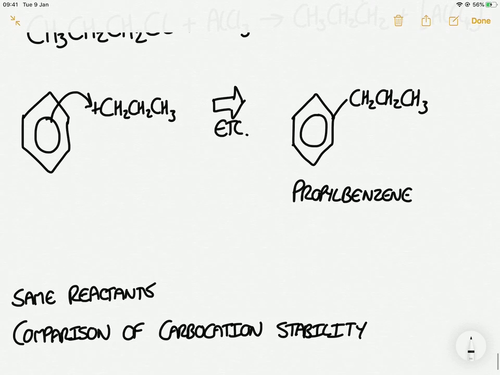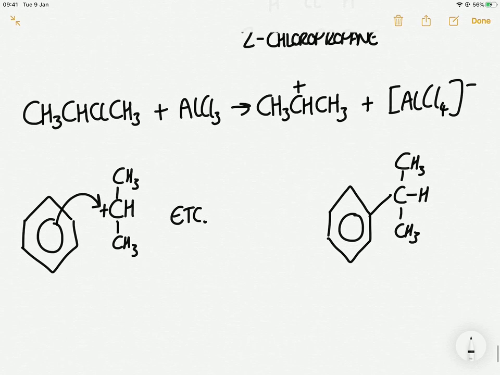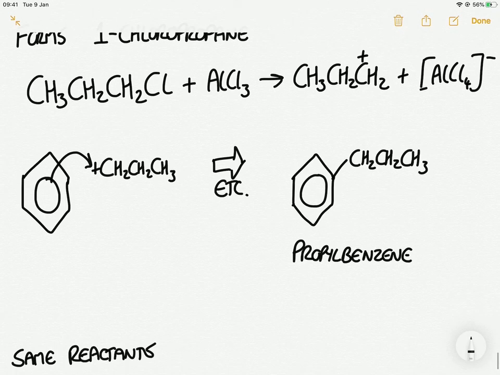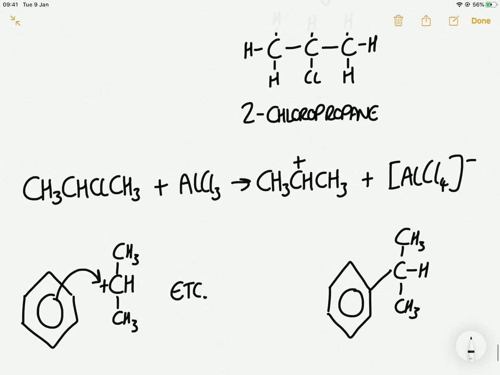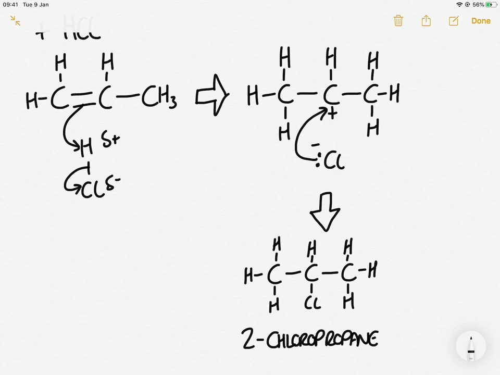So really, in terms of what you should be thinking about when comparing these reactions, they're the same reactants, right? Same reactant mixtures. If you were just mixing all this stuff together, you'd be more likely to get 2-phenyl propane than you would be to get propyl benzene. And that's because in the initial step, 2-chloropropane is the major product because it proceeds via a secondary carbocation, which is more stable due to the positive inductive effect.